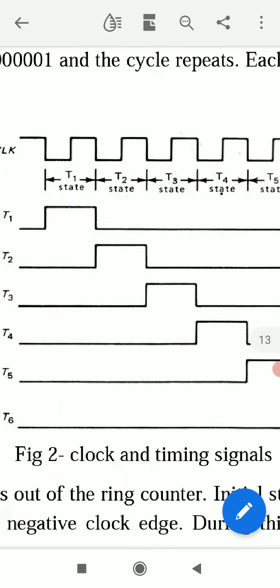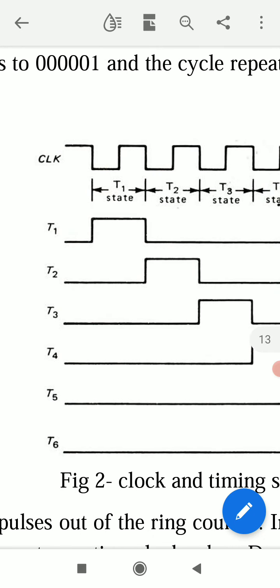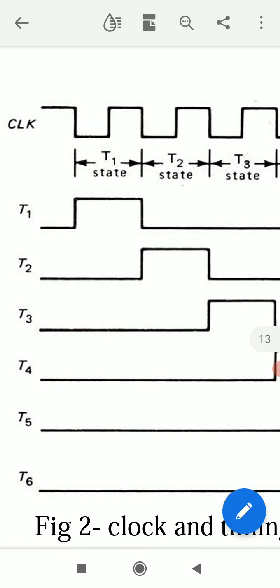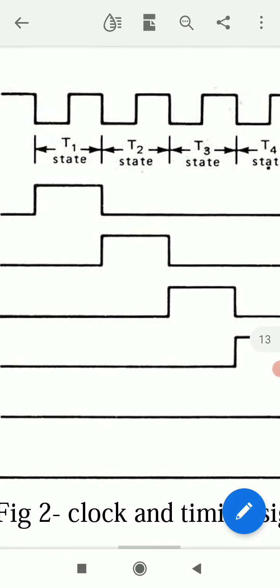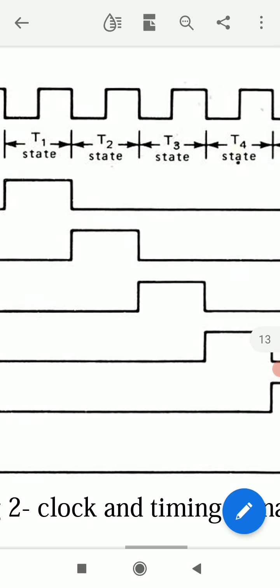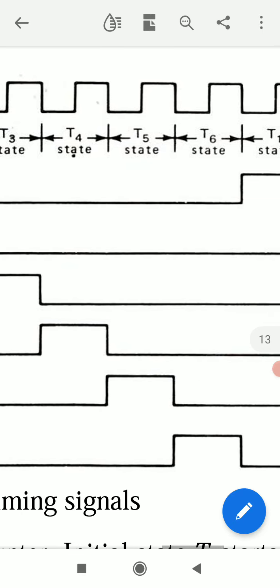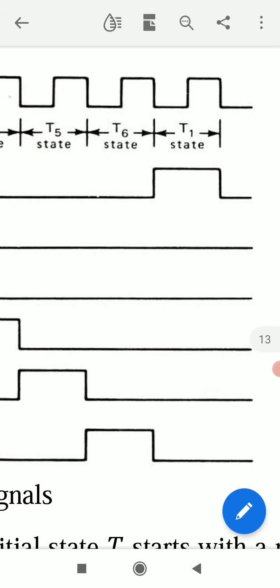This is the clock signal, which is a square wave signal. The first cycle represents T1 state, then the next cycle represents T2 state, then T3, T4, T5, T6 states, and then it resets to T1 state.